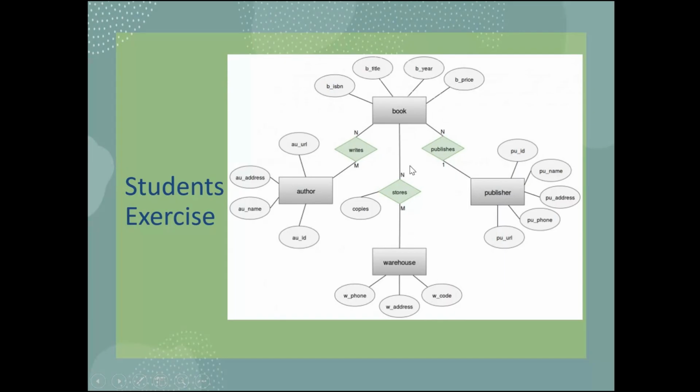We have the types of relations: N, M means many to many, one to many, etc. I cannot see one to one. Okay, no problem. So, how to convert this entity relationship diagram into a real database? How many tables do we need? How to identify the relationships and so forth. So this is your exercise for later.